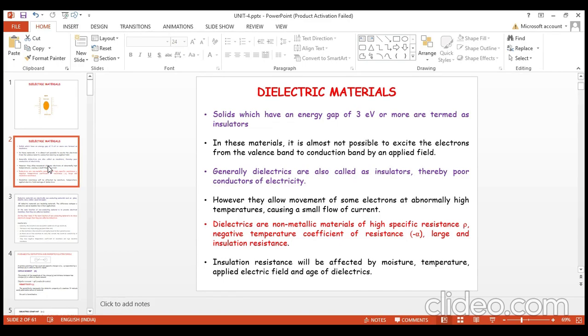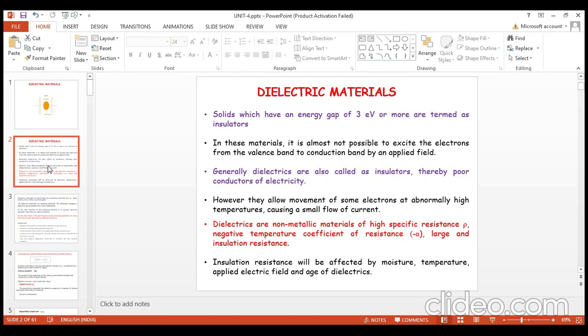Those solids which have an energy gap of 3 electron volt or more than 3 electron volt are termed as insulators. In these materials, it is almost not possible to excite the electron from the valence band to the conduction band by applying an external electric field.